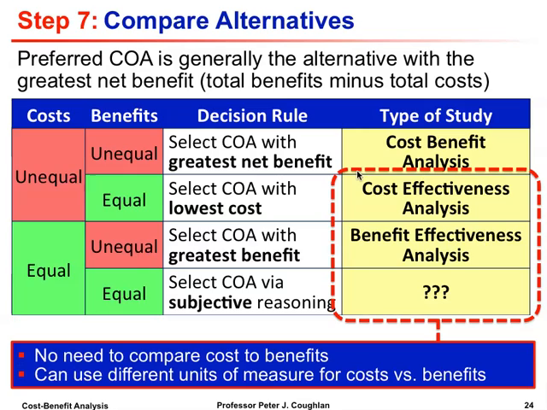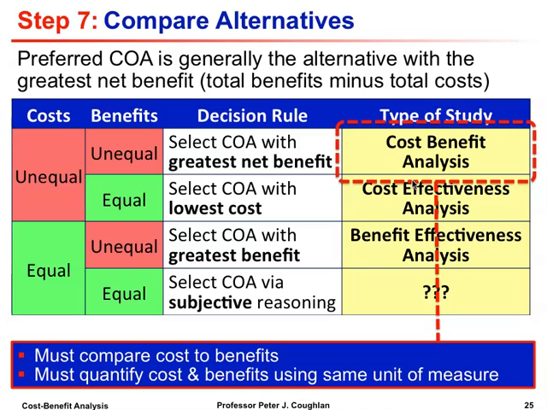As long as we can measure all the benefits in the same way, or all the costs in the same way, we don't necessarily need a common unit of measure for costs versus benefits.